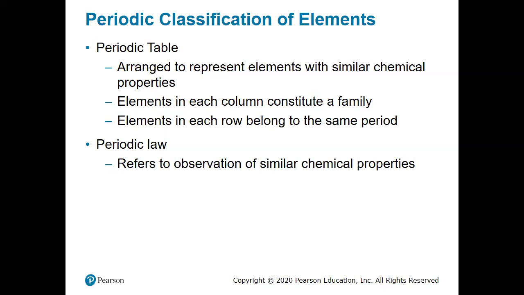It's been arranged in such a way that we can very quickly determine a lot of information about the elements on it. We can break it apart into metals and non-metals. We can identify groups of elements on the table that have similar chemical and physical traits.